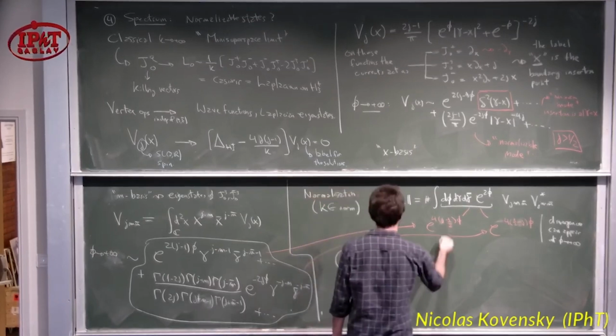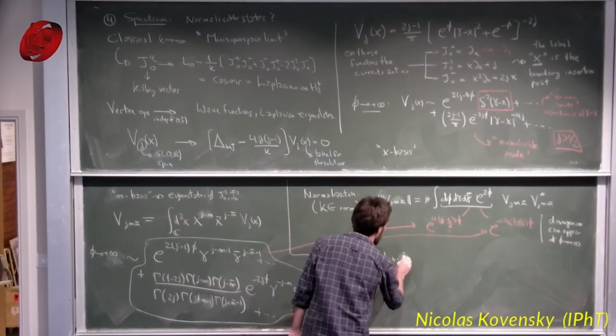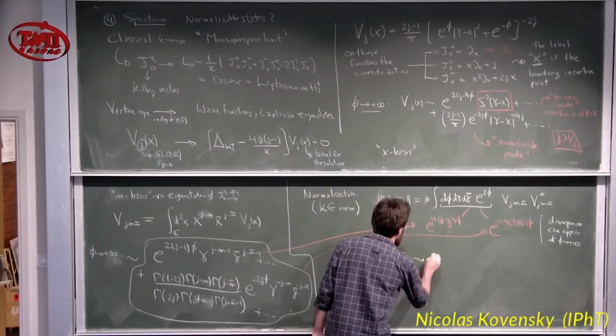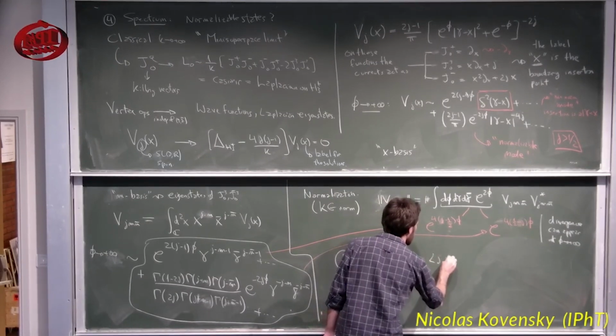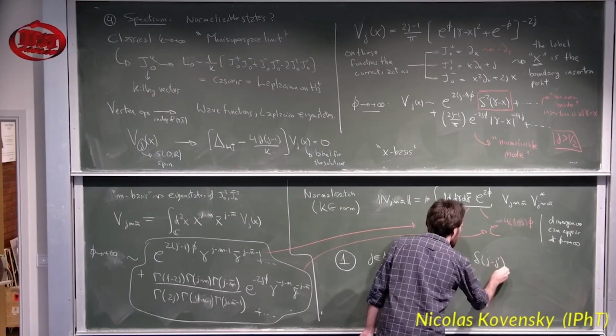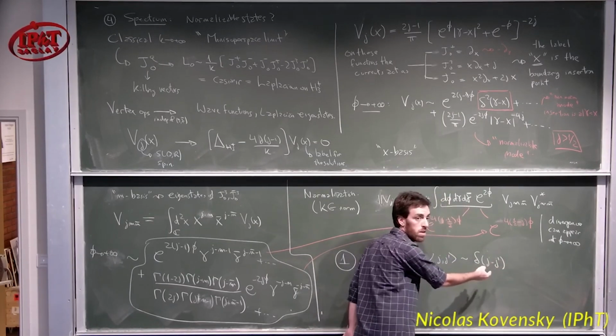If this was called S, let's say, I would do it with S and S prime, and then the norm of j prime would give me something proportional to this, where the only important part here is S and S prime.